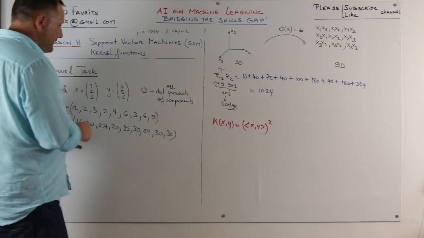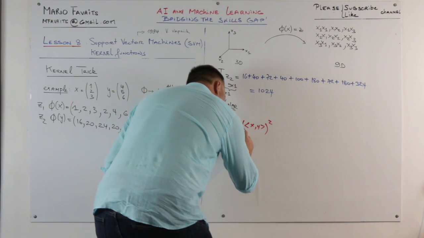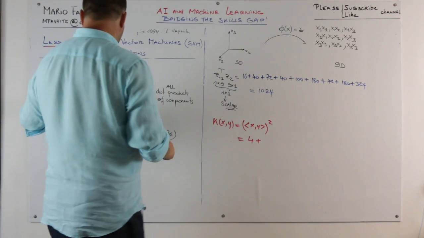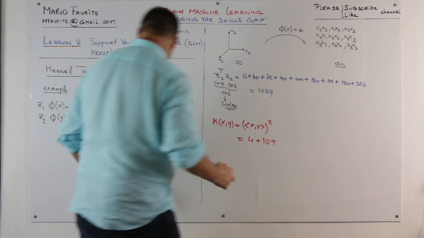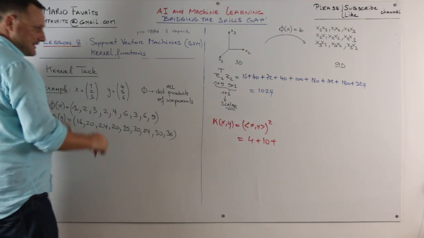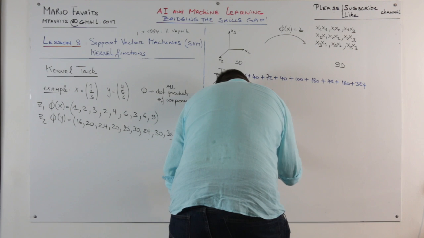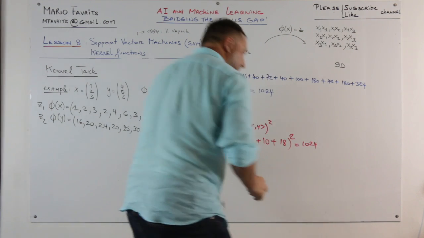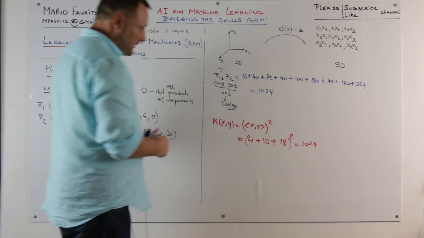So we have 1 times 4 is 4, plus 2 times 5 is 10, plus 3 times 6 is 18, and we square this, and if you calculate, this is also 1024.